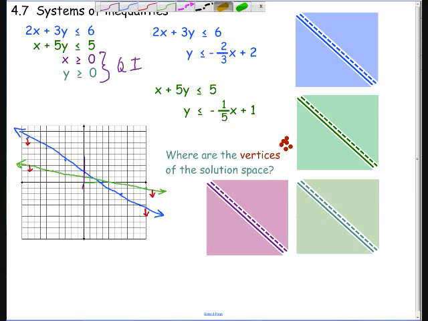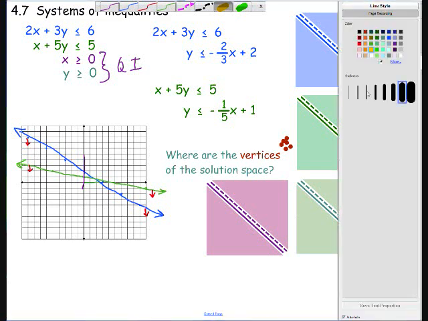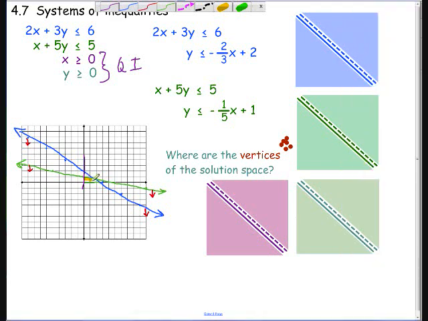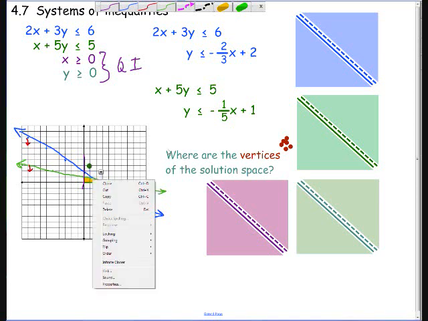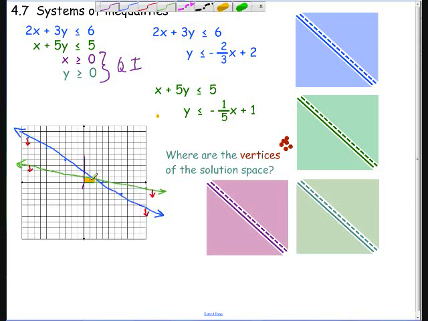So let's mark the space that we're interested in, which is only in the first quadrant, right here. Maybe if I just draw dots. There. So that's our solution space right there.